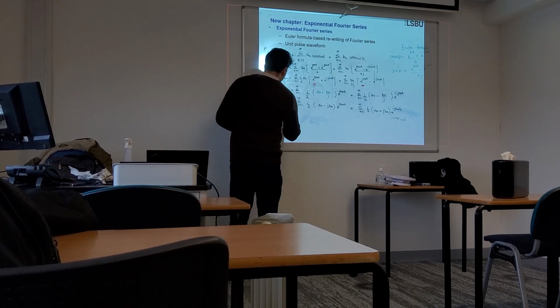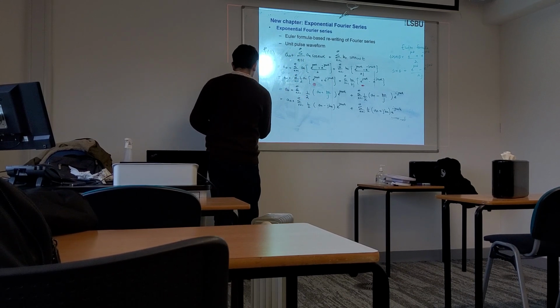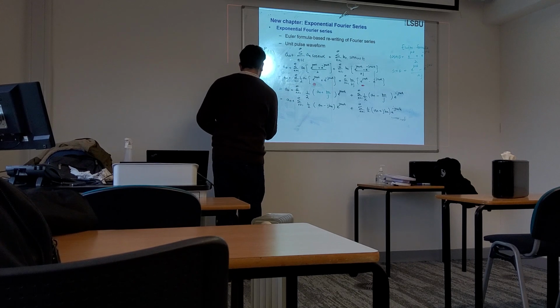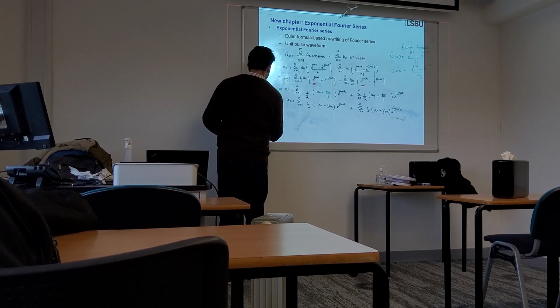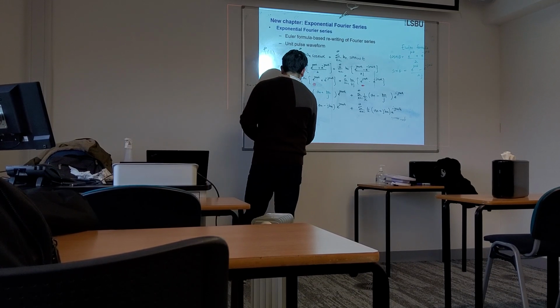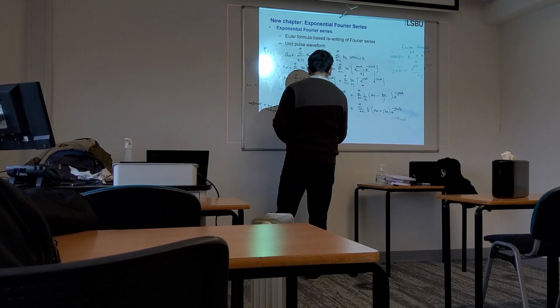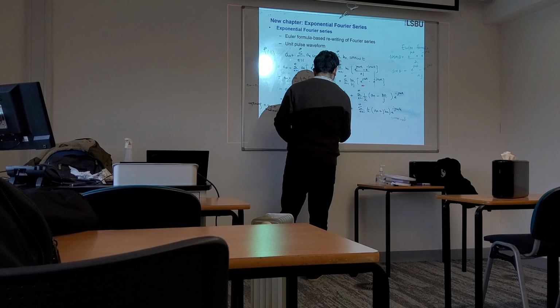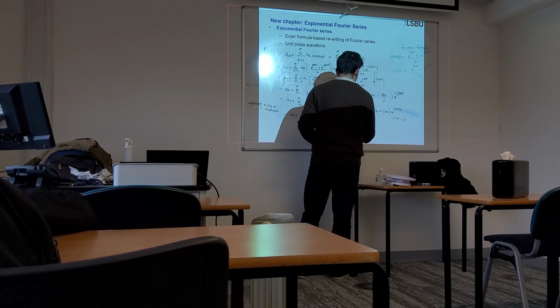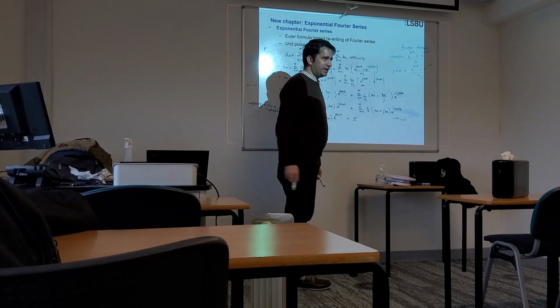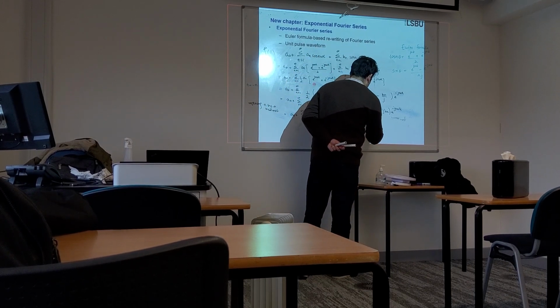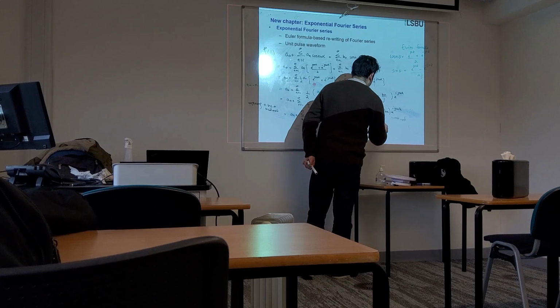Okay. Now, replacing n by minus n in the second term, it would be a0 plus 1 by 2. I will come to the limits later on, but here it is a minus n.